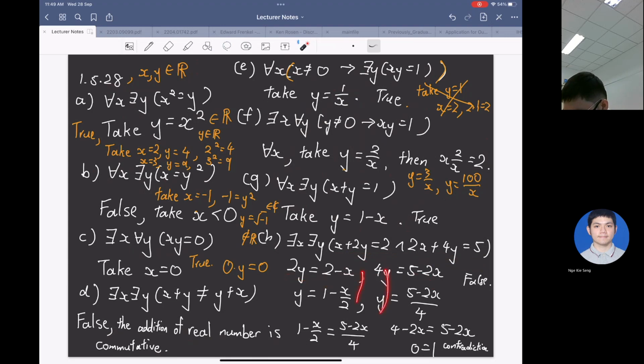You can do the substitution or multiplication, and then you will get something like 0 equal to 1, which is wrong, a contradiction. That means there's no x or y you can put in such that 0 is equal to 1. So this is false. H is false.